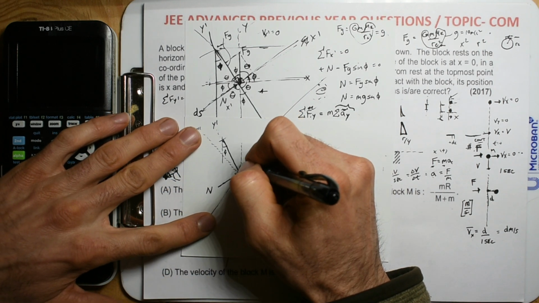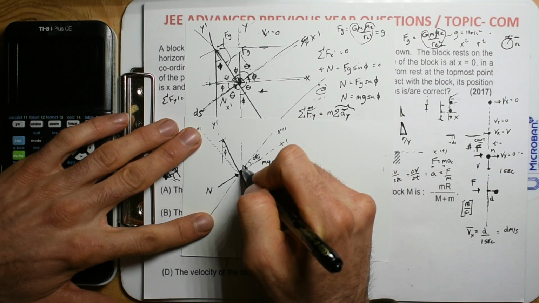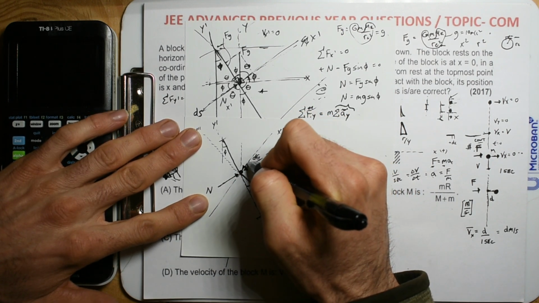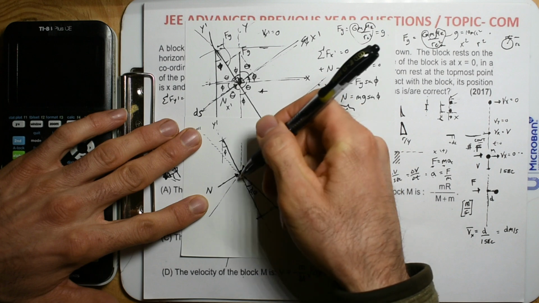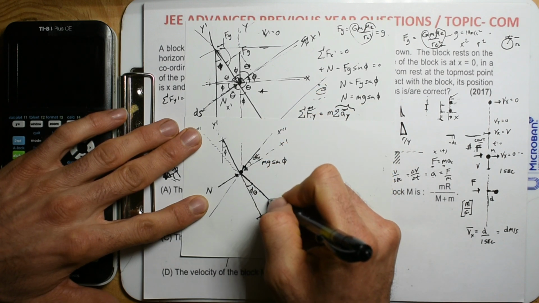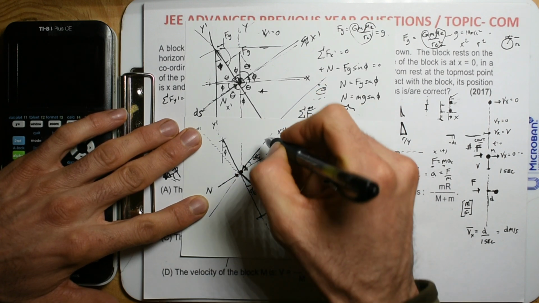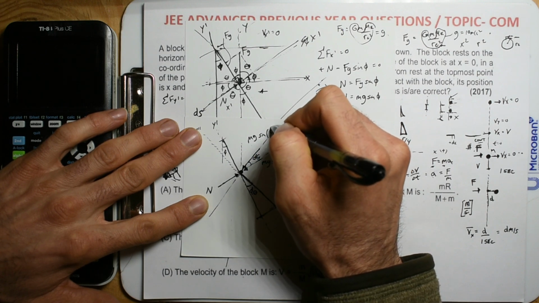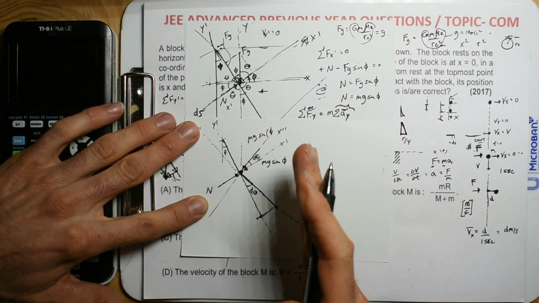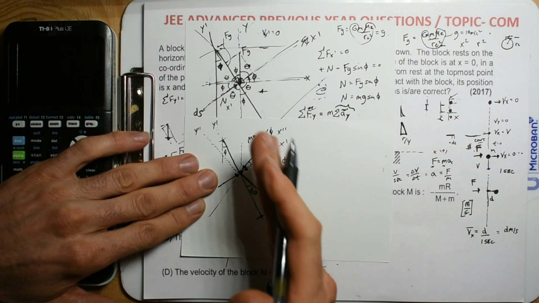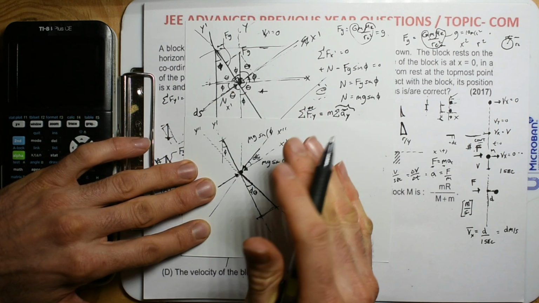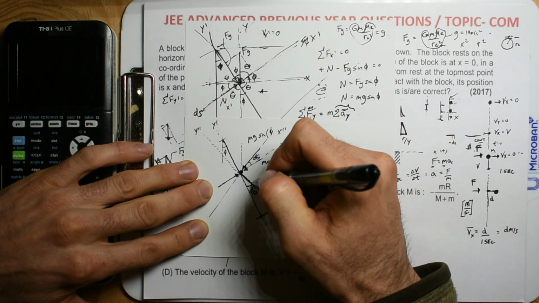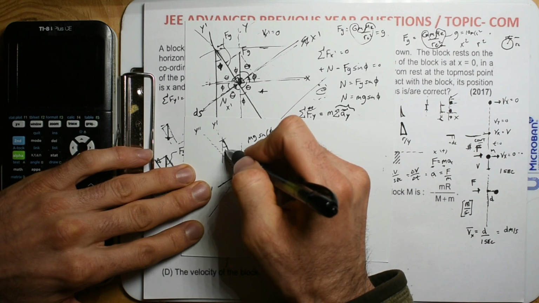But the same principles apply. You know what I mean? The downward component, we're going to still just have a force of gravity into this steeper ramp. So that's what we have going on right here. That's going to be mg sine phi, and then it's going to be probably minus, because the ramp angle gets smaller.